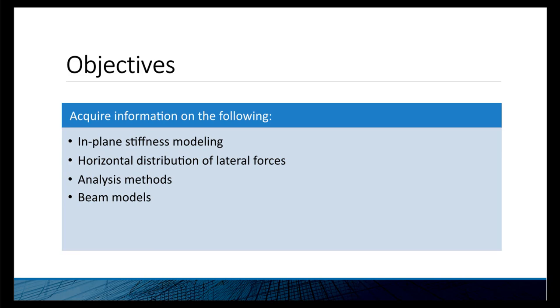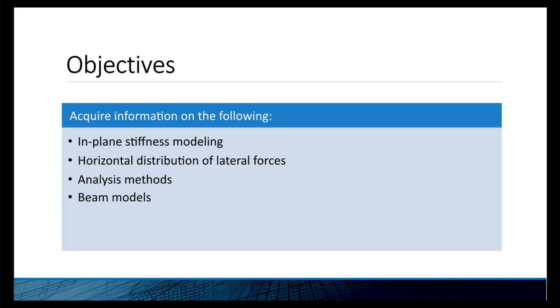Now certainly we have computer programs that do that for us, and I think the analysis methods and the beam models we're going to introduce today will help us understand a little bit more, especially how the forces flow through the diaphragm to those lateral force resisting elements, so we can understand the output from the software a little bit better. And it's also going to help us to see exactly where the reinforcement should go. So that's our goal here today.